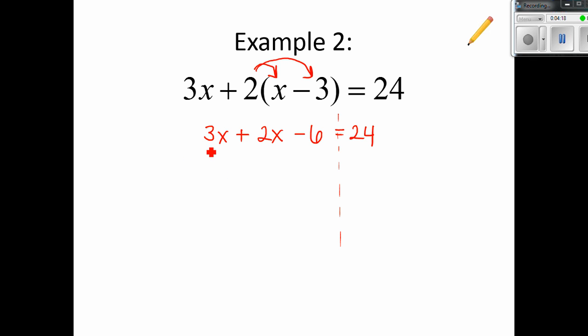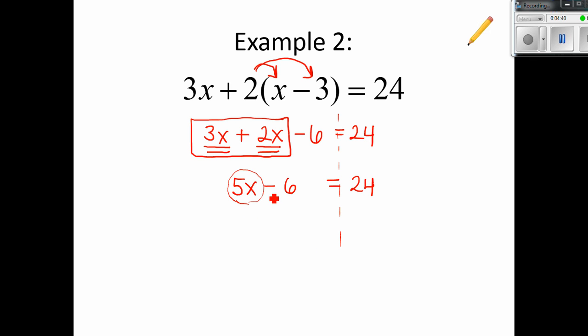And when I look at this, the 2x and the 3x, they're on the same side. And if they're on the same side, we can go ahead and add those together. You will not use inverse operations if they're on the same side. We'll bring down that negative 6. That equals 24.